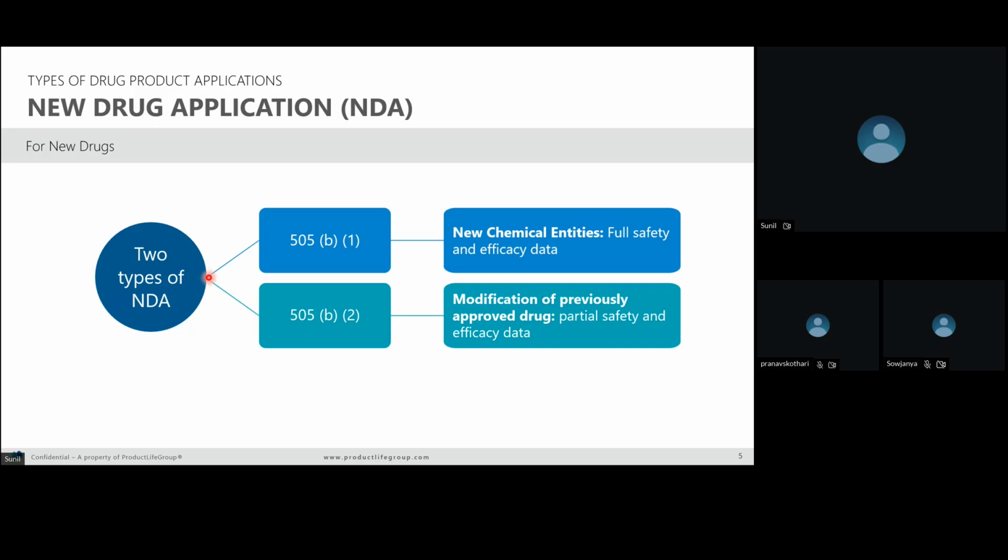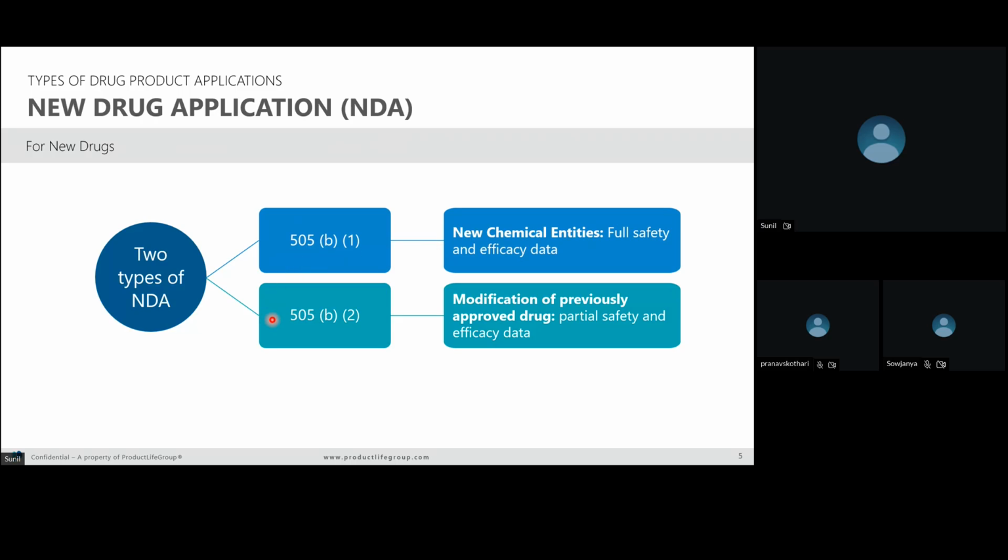If you have an entirely new chemical entity, an innovative product, then you have to file a new drug application under section 505(b)(1). That means you have to provide full animal studies, clinical trials, phase 1 to phase 3, and all the CMC data. An entirely new chemical falls under 505(b)(1).